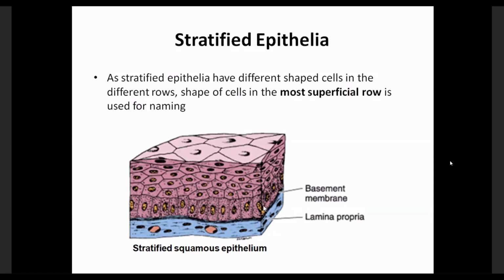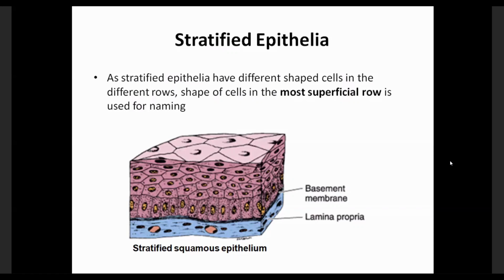This stratified squamous epithelium again comes in 2 varieties, because some of them, especially those lining our skin, need to be very tough. Those found more superficially need to be very tough by having in them many intermediate filaments linked with some additional proteins to give us a protective type of polypeptide named keratin.